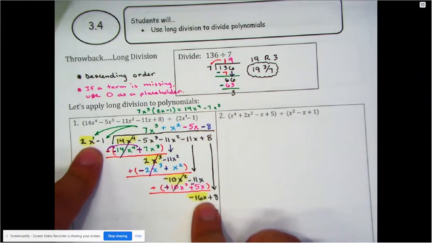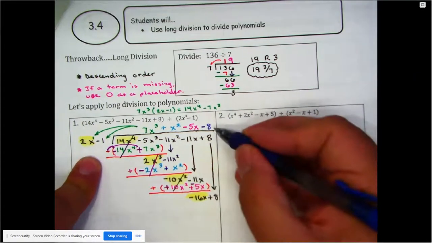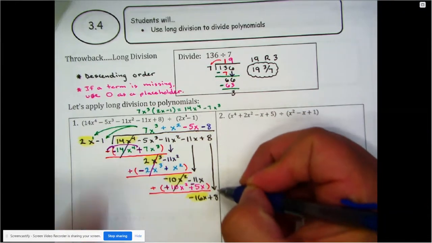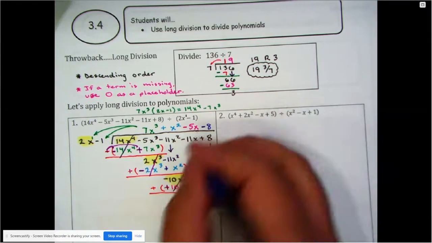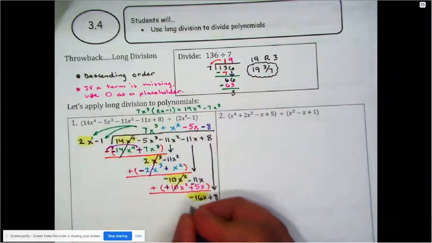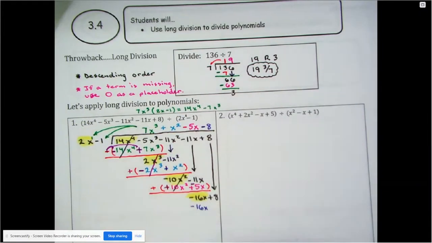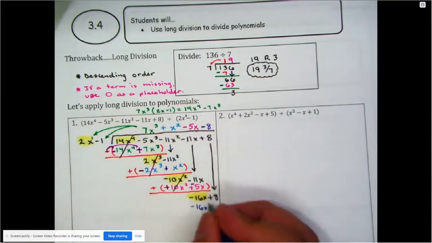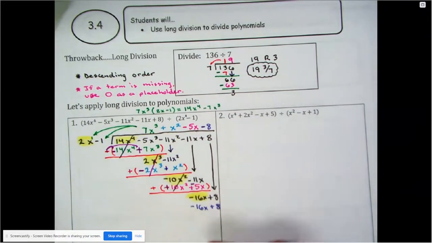Do I need an x? No, it's already there. Besides, look at my lineup. I know I don't need letters here. That's why the lineup is also good. Negative 8 times 2x is negative 16x. There's the perfect match we're looking for. And negative 8 times negative 1 is positive 8. Just a coincidence that it matched, but we'll take it.